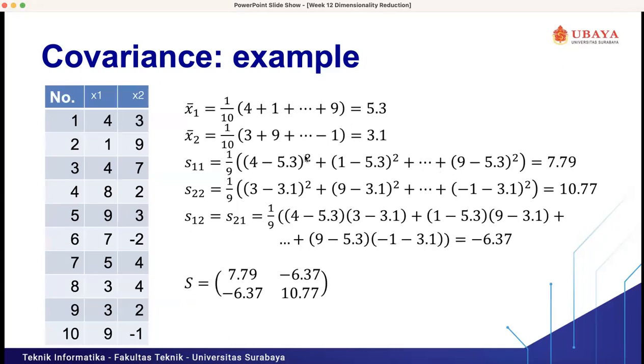And don't forget to square these: 4 minus 5.3 squared, 1 minus 5.3 squared, and so on, and we have 7.779. So this is the covariance for x1 and x1. For S22, the covariance for x2, we use the same formula, and we get 10.77. S12 and S21 will be the same.